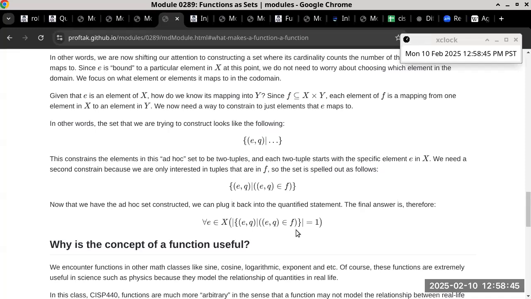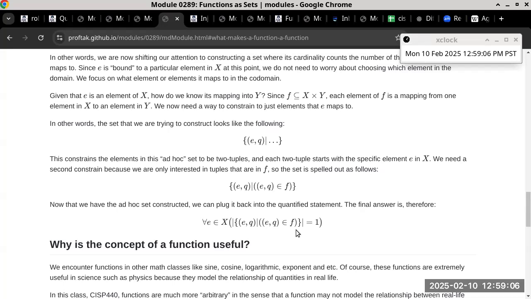I need to have one and only one thing in that set. In other words, for every element in the domain, I needed to map to exactly one thing in the codomain. That's basically what this expression is trying to say. Is that okay? All right.